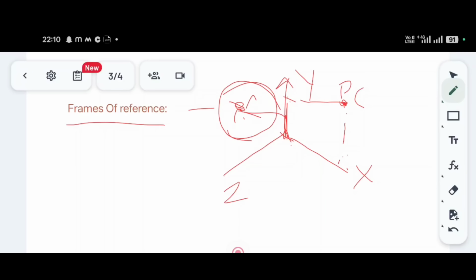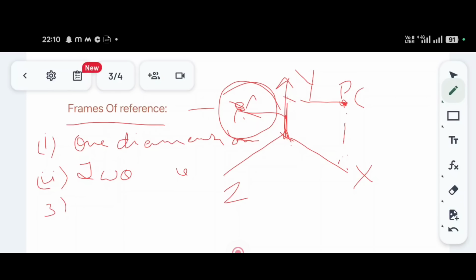There are three frames of reference: one dimensional frame of reference, two dimension frame of reference, and third is three dimension.